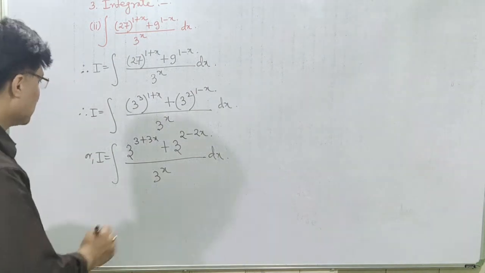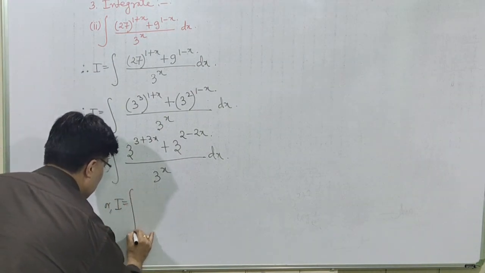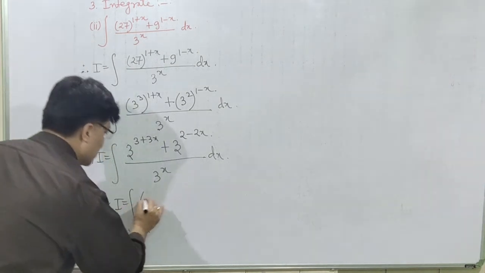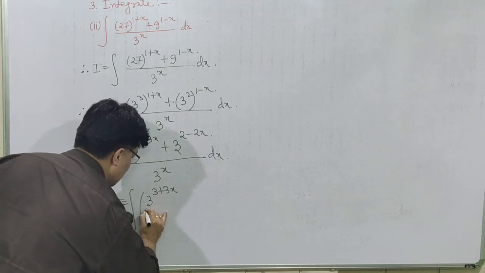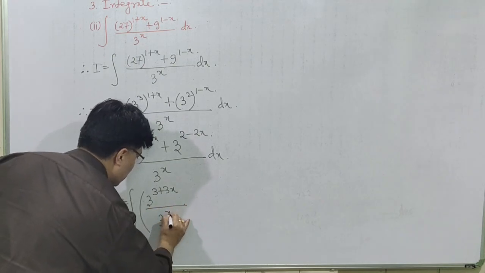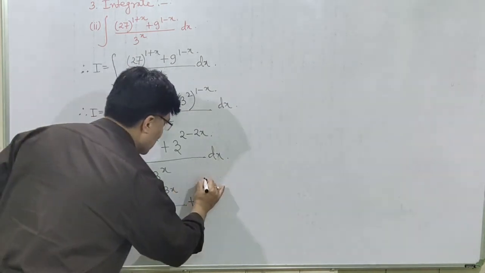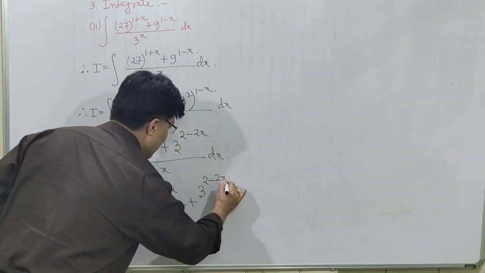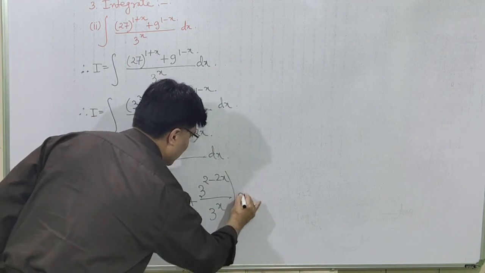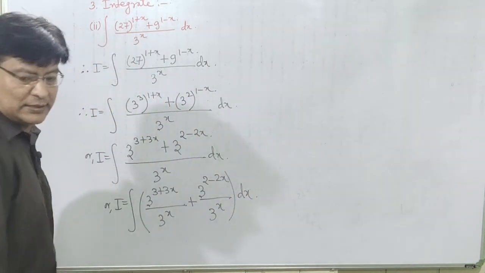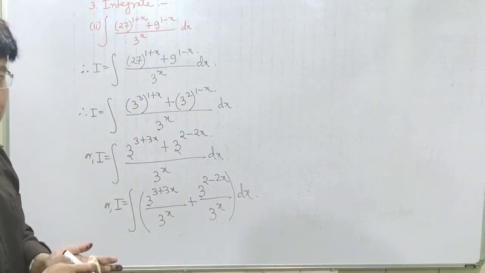Understood? Now we can separate the term, or I is equal to integral sign within bracket. Let us separate the term, 3 to the power 3 plus 3x divided by 3 to the power x plus 3 to the power 2 minus 2x whole divided by 3 to the power x bracket close, then you can write dx there. So I think you have understood it.